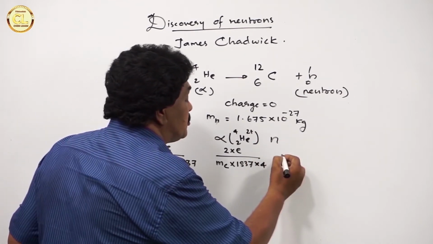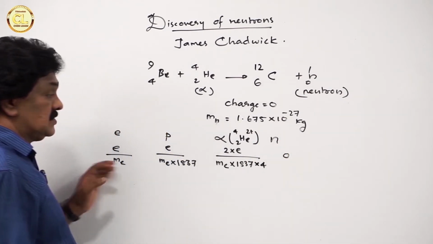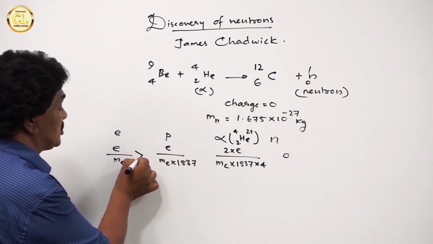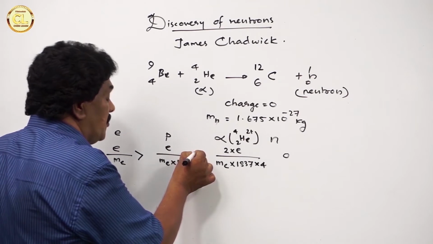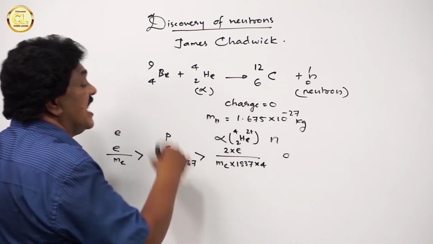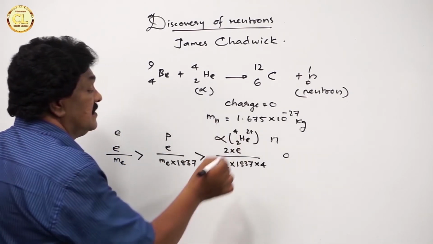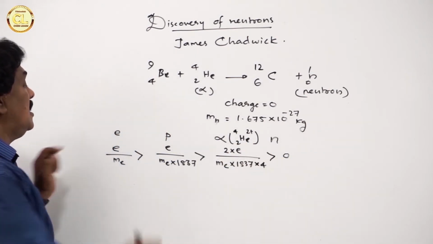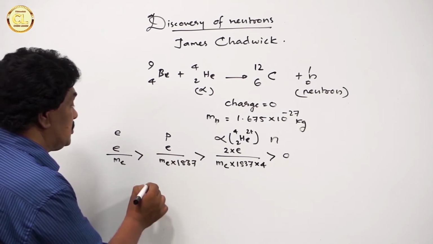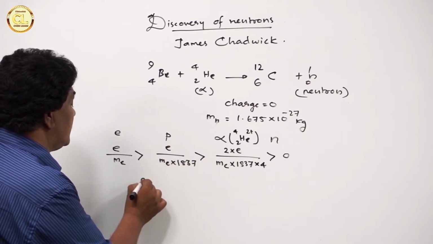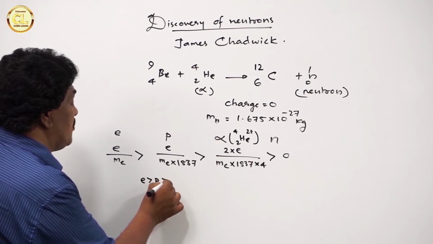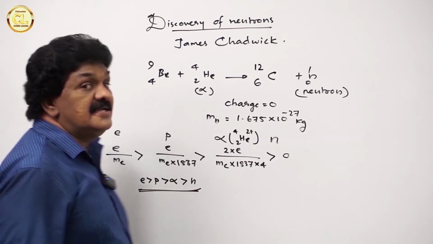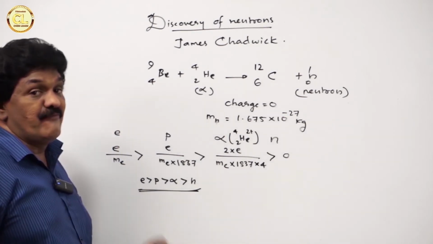See, what about neutron? It is 0. So from this it is clear that e by m value is larger for electron than proton, which is larger than alpha particle, which is larger than neutrons. So the order is electron is greater than proton is greater than alpha is greater than neutron. This is the order of e by m values.